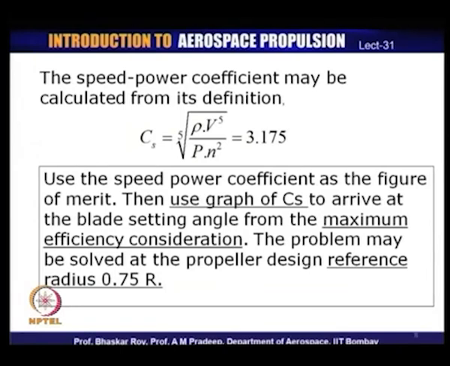From its definition it comes out to be 3.175. That is the numerical value, which as we know does not require the propeller size or the diameter. So, this is one propeller parameter which does not require the propeller dimension for it to be evaluated.